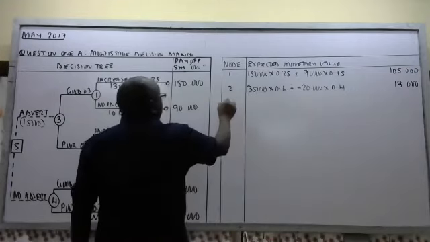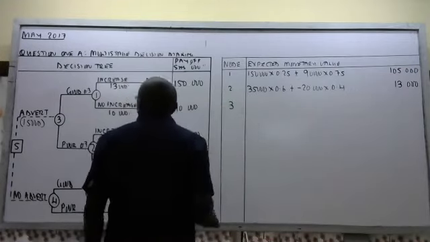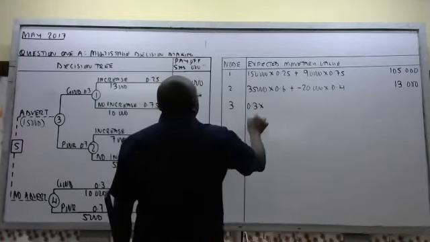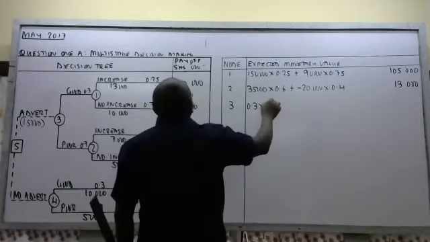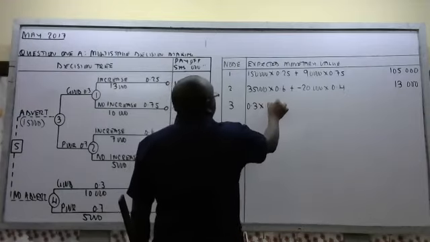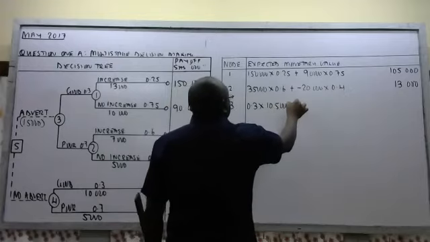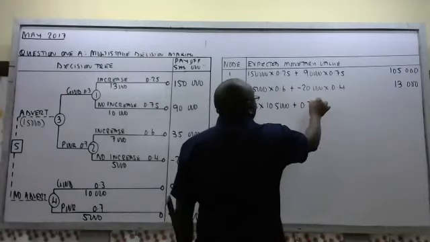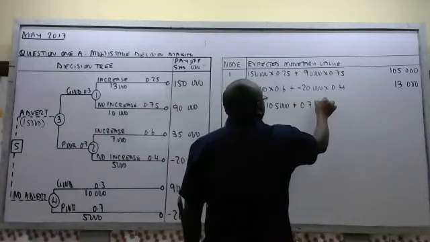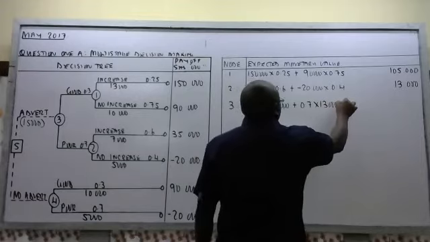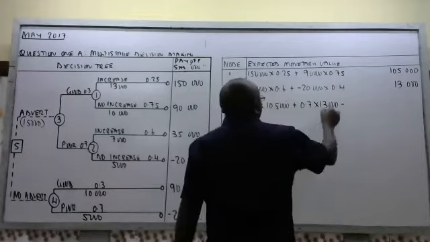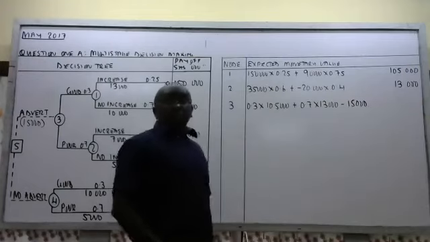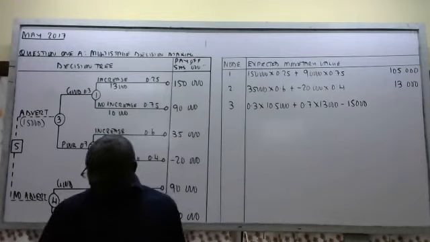So then we go to number 3. It will be 0.3 times what we got in number 1, which is 105,000, plus 0.7 times what we got in number 2, which is 13,000. Then you minus the cost of 15,000.